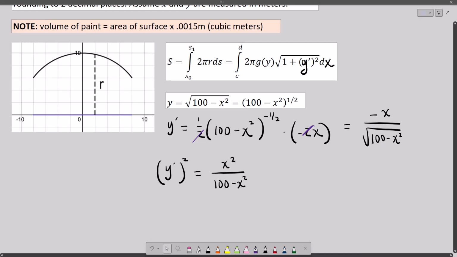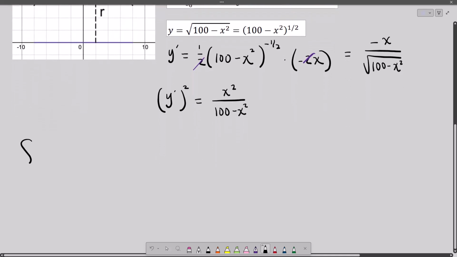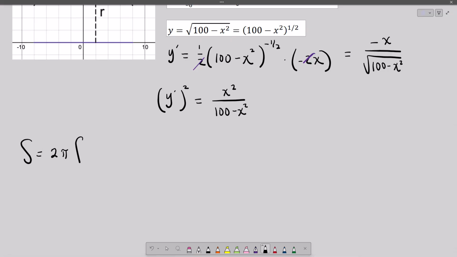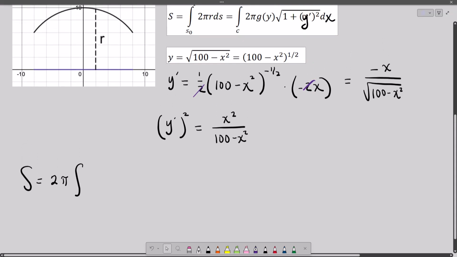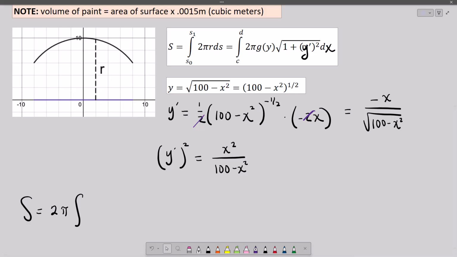All right, so then our surface area will be 2 pi r. We can pull the 2 pi to the front. And we're integrating from -8 to 8. So we could use limits of integration -8 to 8. Or we could use symmetry and go 0 to 8 and double it.